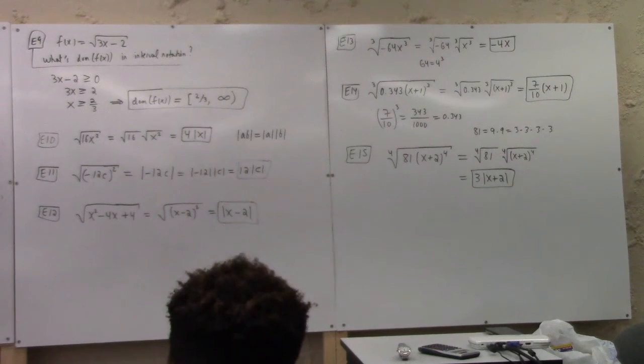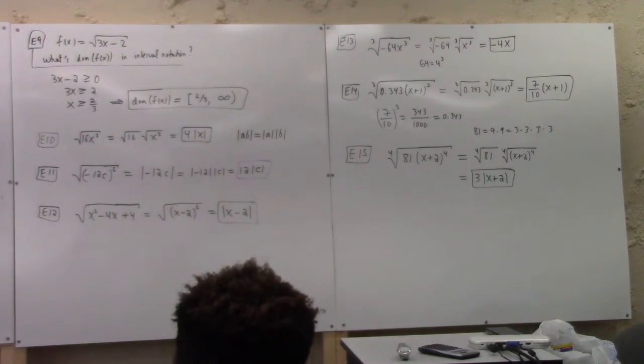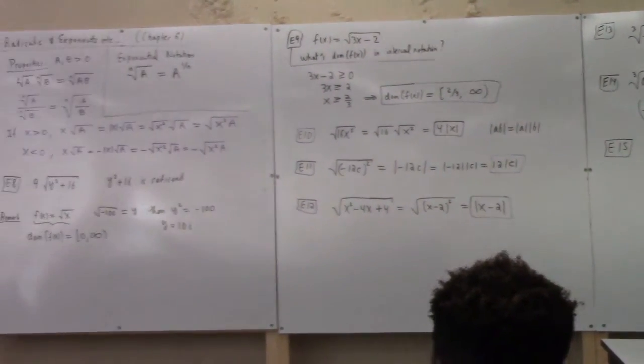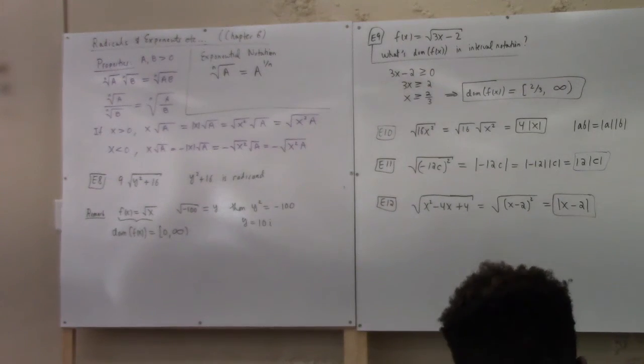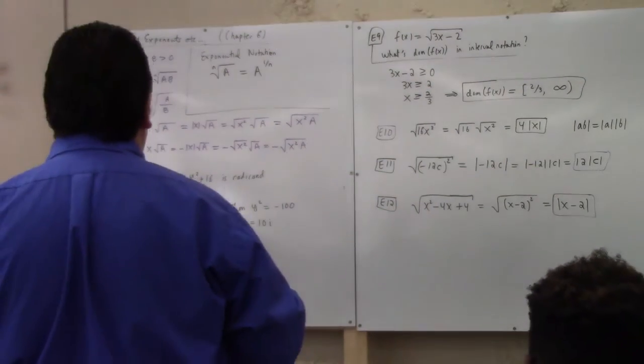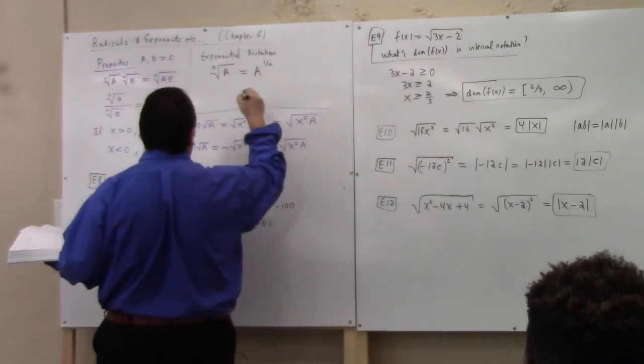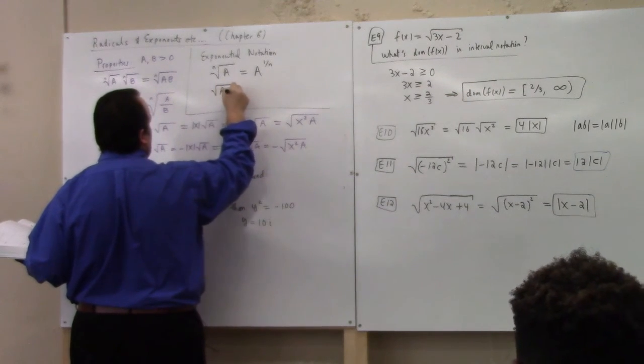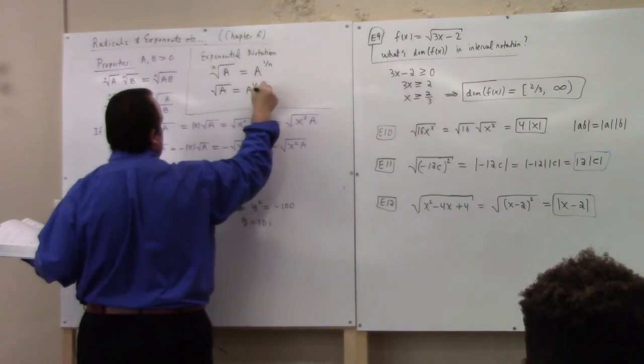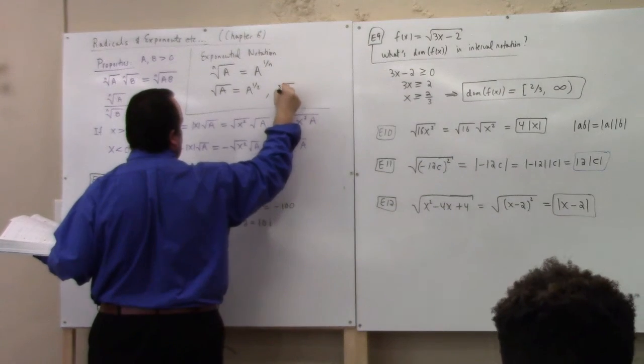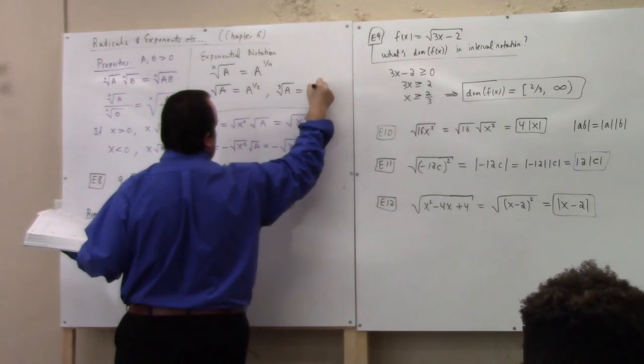A to the 1 over n is the exponential notation. So for example, square root of a is a to the 1/2 power. Cube root of a is a to the 1/3 power.